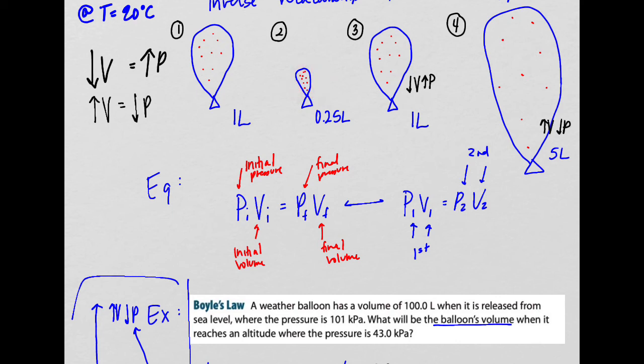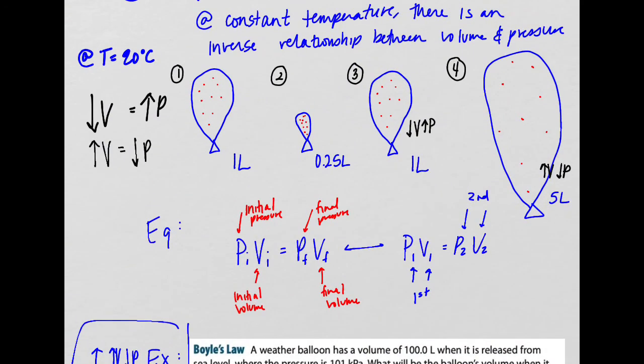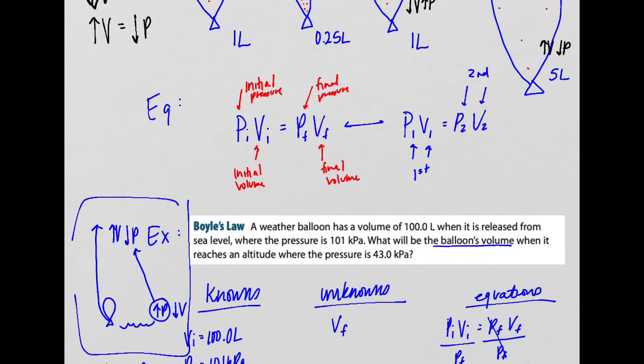It's the same concept as, I already gave you lots of examples of this, with the students in the cafeteria versus students in one classroom versus students in the bathroom, right? So as we decrease the volume, we increase the pressure. Or as we increase the volume, we decrease the pressure. This is the equation for Boyle's law that you will need to be able to manipulate and use for your quiz on Thursday. You need to be able to do practice problems using Boyle's law as well.